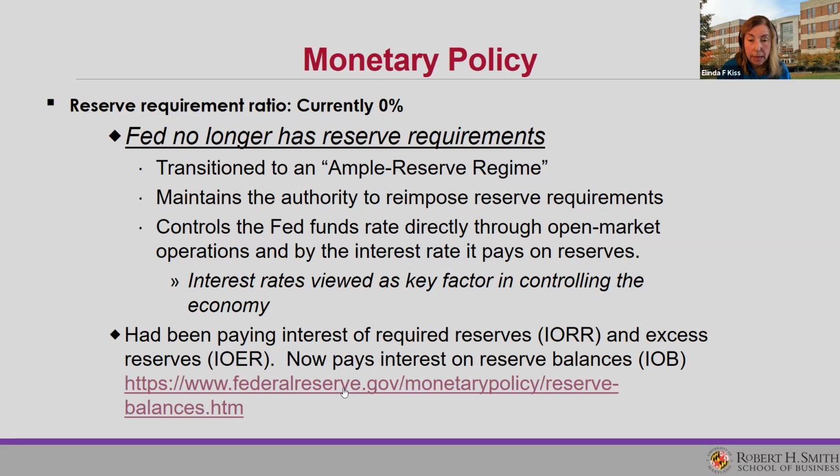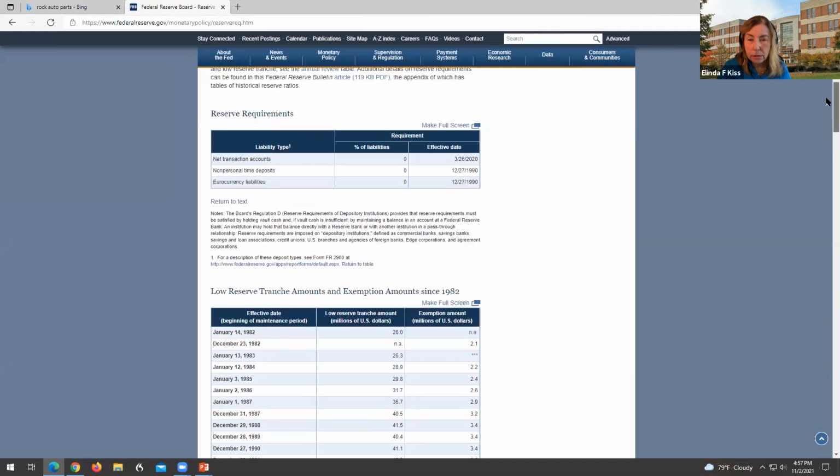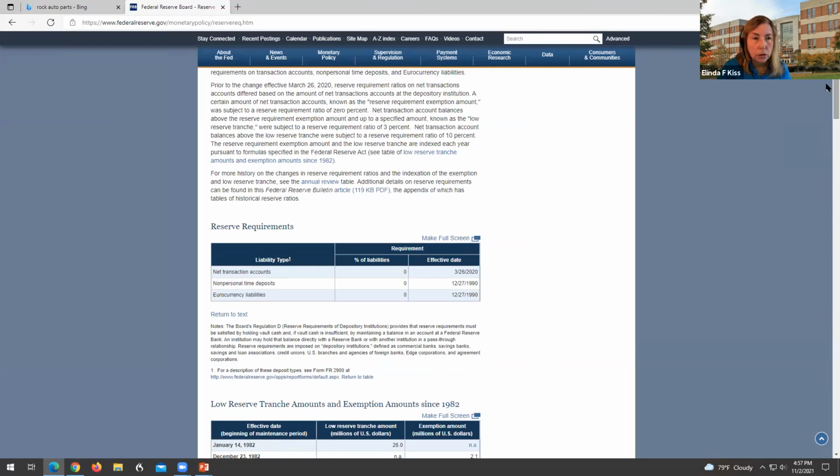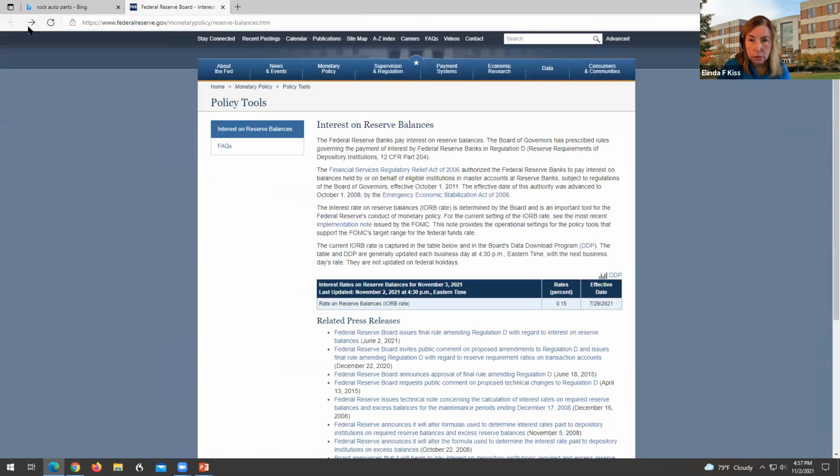It has been that way since March 26th, but they have had different interest rates on different types of reserves. I'm not sure if you saw that, so I need to bring that new share up. It occurred to me you're not seeing. So I am going to share here the Fed's website on reserves, and I am also going to share the Fed's website on interest on reserves.